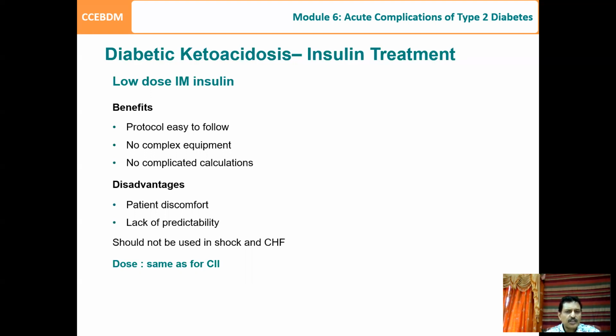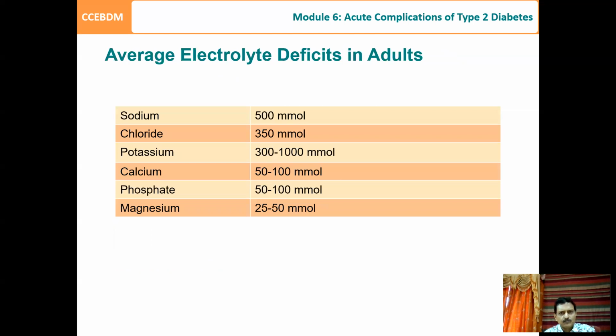Intramuscular injection has a very important disadvantage, which is the discomfort of the patient receiving an IM injection every hour. On the other hand, intravenous insulin is quite comfortable as far as patient compliance is concerned, and it is also easier to monitor the glucose, and we can up-titrate or down-titrate the dose of intravenous insulin as and when required. So I always feel more comfortable giving IV insulin than intramuscular insulin.